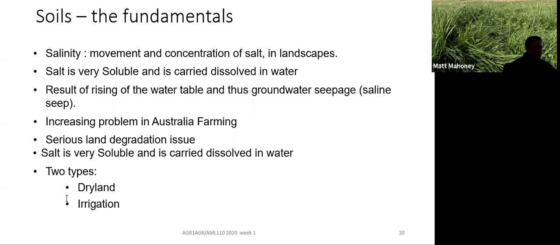But it's good practice, if you're using bore water and you've got issues with your lucerne or whatever crop you're growing, to get that water tested just to see how saline it is.